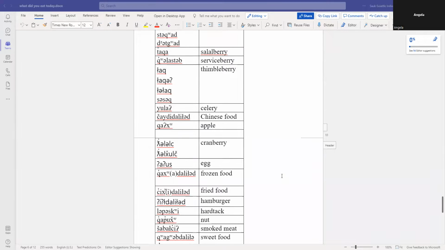And where I derive from that is the Chinese food, the dalished. It actually does say Chinese dalished for Chinese food. I don't mean to be racist here. I'm just saying this is what was written in our dictionary. It could be Asian food in general, just so we can have a general word for the food.